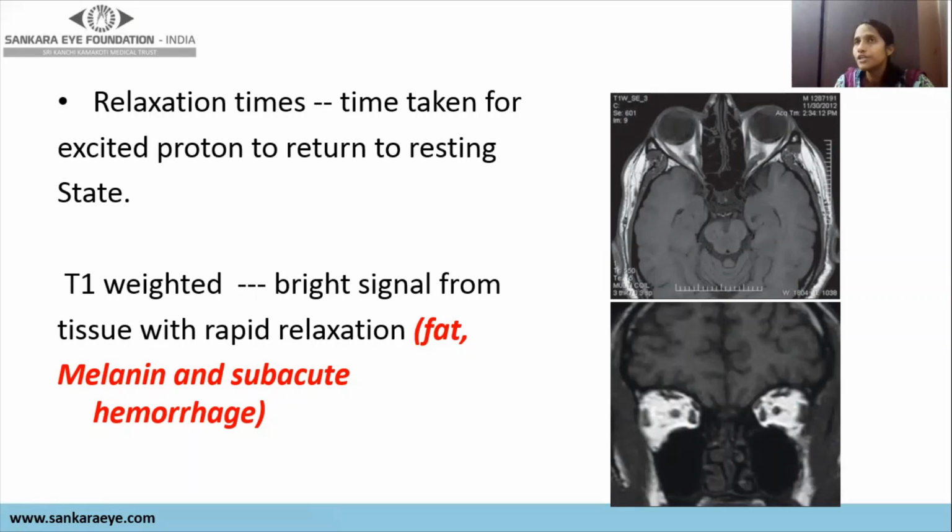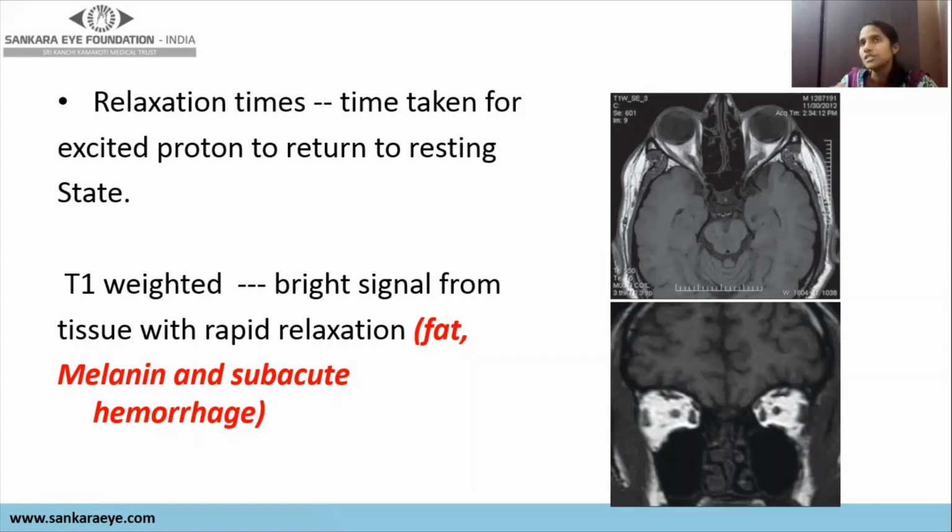So when tissues are subjected to this strong magnetic field, through which the radio frequency impulse passes, the protons in the tissues get excited and reach a level of higher excitation. And then once the radio frequency impulse is cut off, the protons which were in the higher excited state will come back to their lower excitation state.